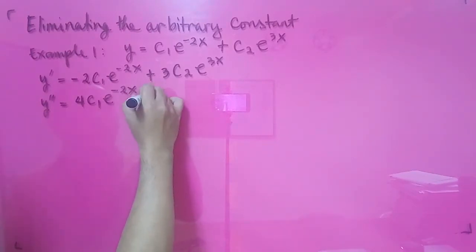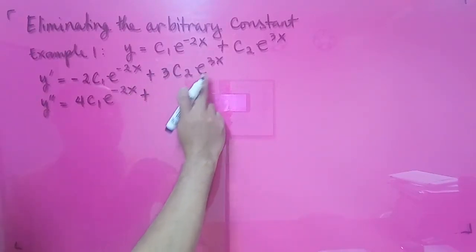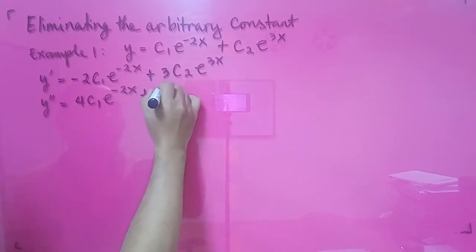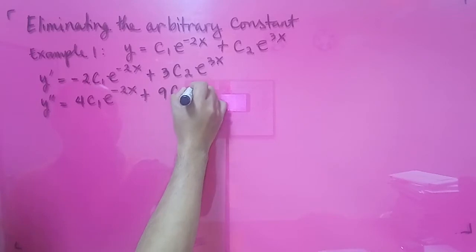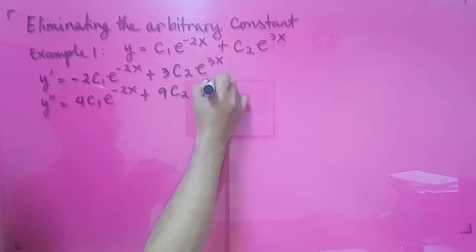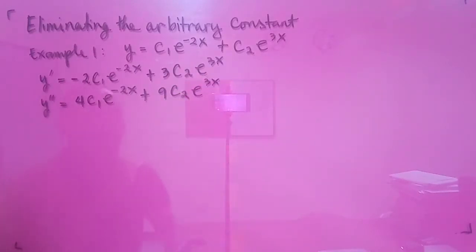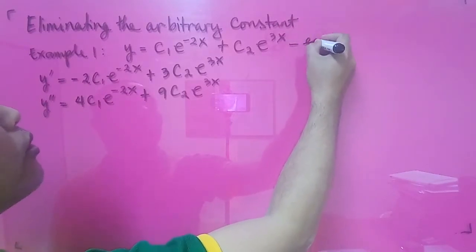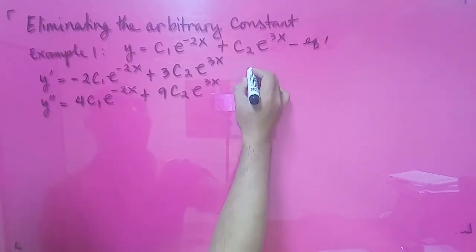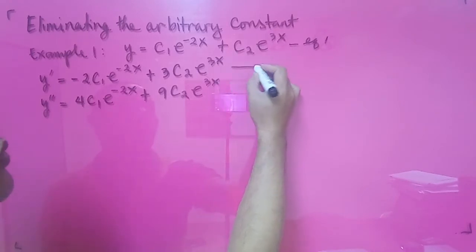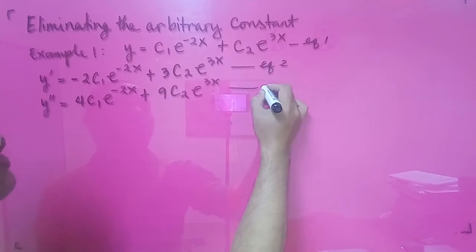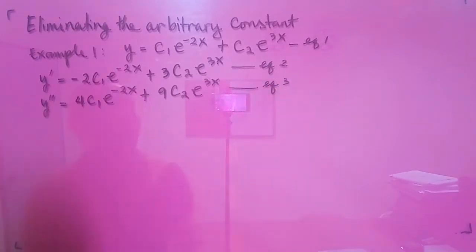Plus, for this case, e to the 3x, the derivative of 3x equals 3, times 3, that is 9 c sub 2 e to the 3x. So we will call this one our equation 1. This one is equation 2, and then this one is equation 3.